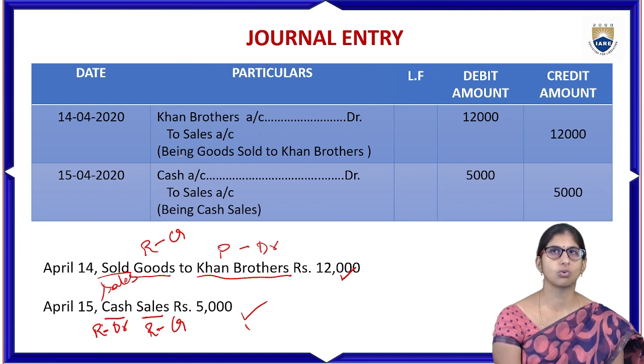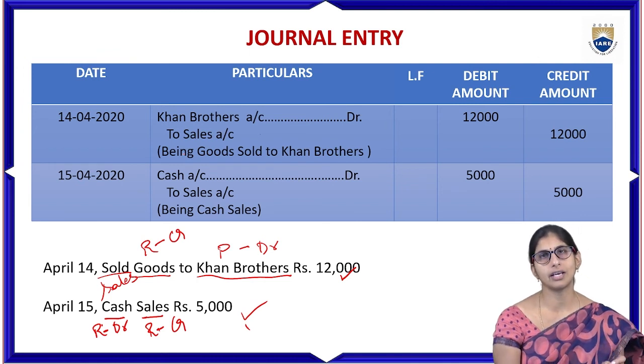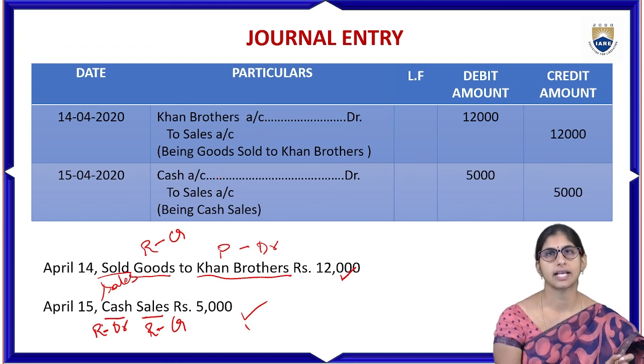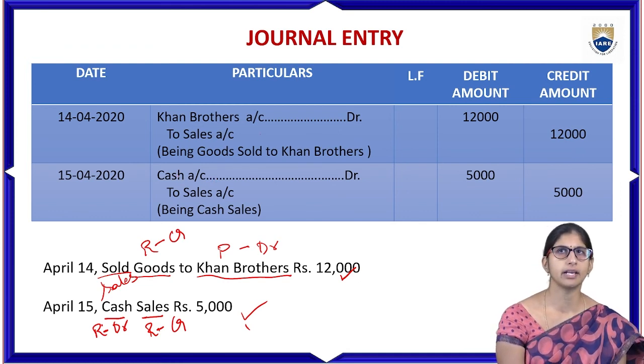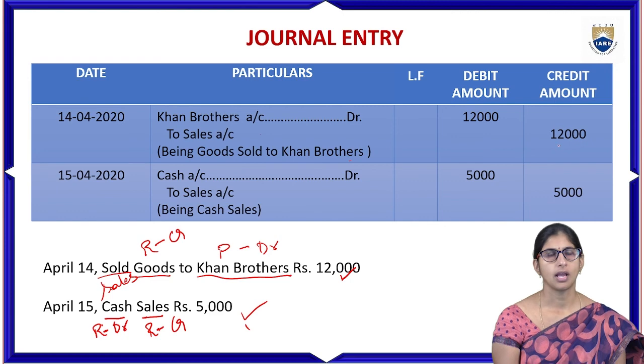And the narration, always remember, every narration has to be written in brackets and the first word we write is "being", then give the description of the transaction. So, being goods sold to Khan Brothers is the narration, with 12,000 in the debit column and 12,000 in the credit column too.